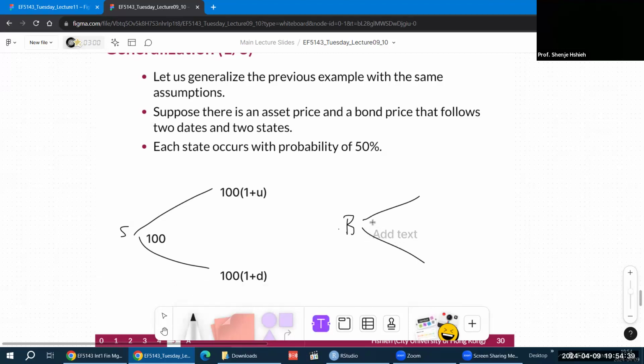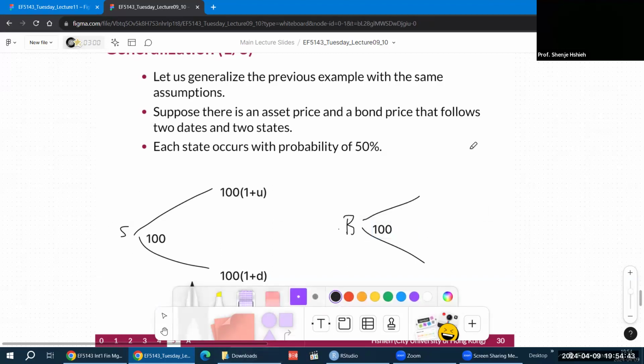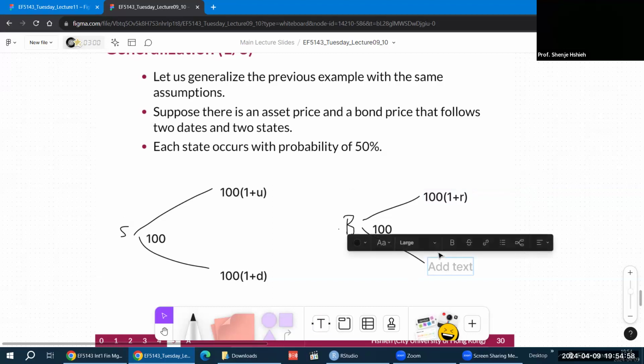It is worth $100 at time 0, but it can go to 100 times 1 plus R, where R refers to the riskless rate. I'm not assigning a value; it's not 10% anymore. It's a generic, unspecified interest rate.